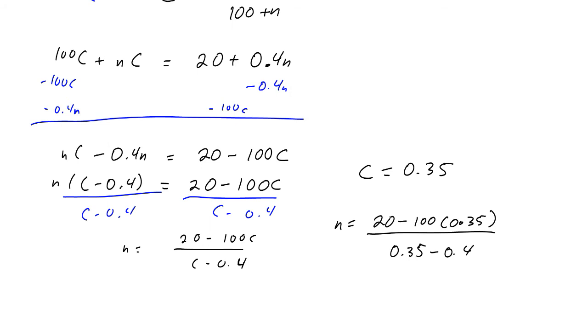All right, our numerator is negative 15. Our denominator is negative 0.05, which means we should have 300. There was no decimal in the numerator. All right, so n equals 300. That means to have a 35% solution, we need to add 300 milliliters of our 40% solution.